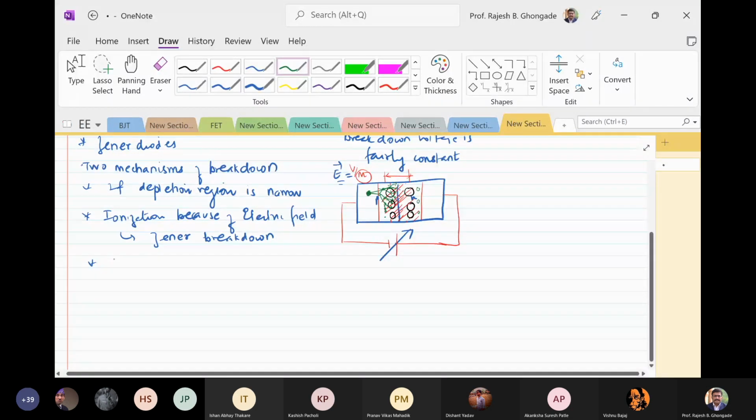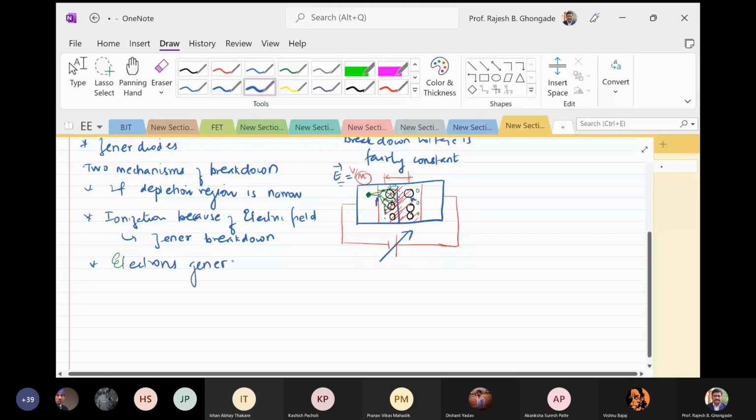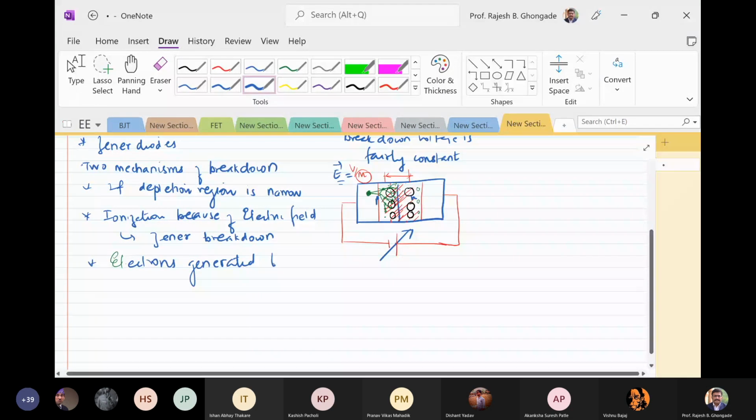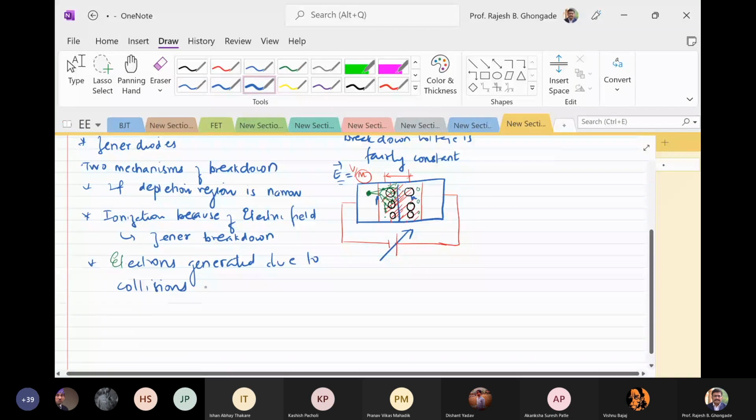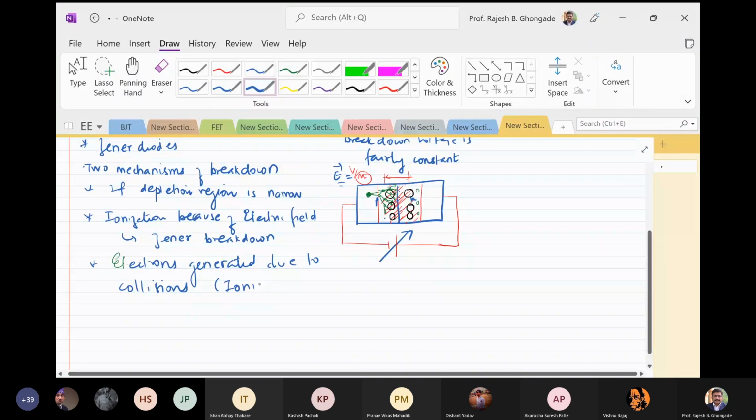Electrons generated due to collisions, this is called ionization by collision.